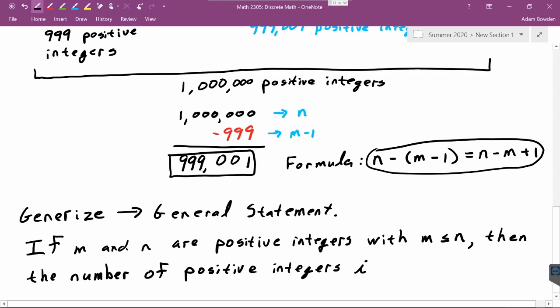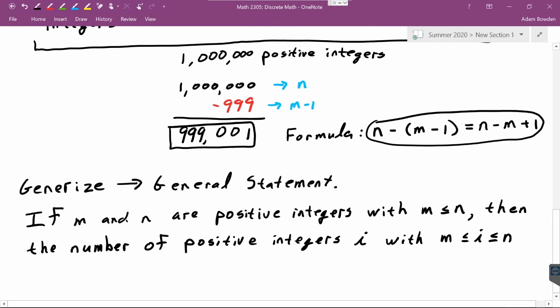We'll call that I, the number of positive integers I, with m less than or equal to I, less than or equal to n, and that is then all the numbers which sit between the two numbers m and n, is given by n minus m minus 1, or n minus m plus 1.